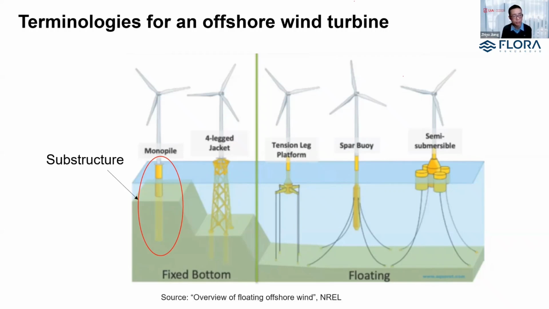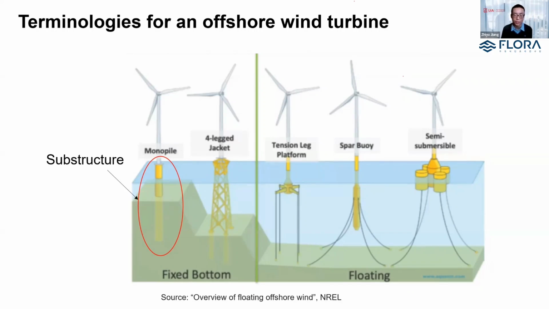Semi-submersible, as you can see here, the draft is relatively small. There's only a very small part of the platform that is below the waterline. This unique feature makes it possible to install the whole platform with wind turbines at a dry quay. Then we can use tugboats to tow it to a designated offshore site.